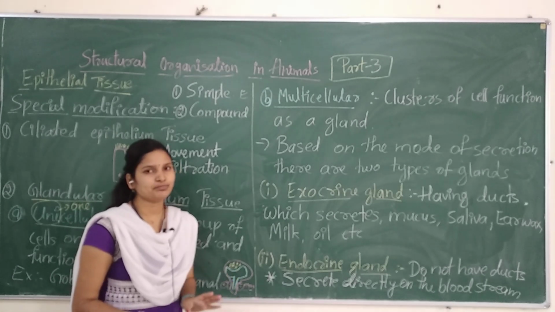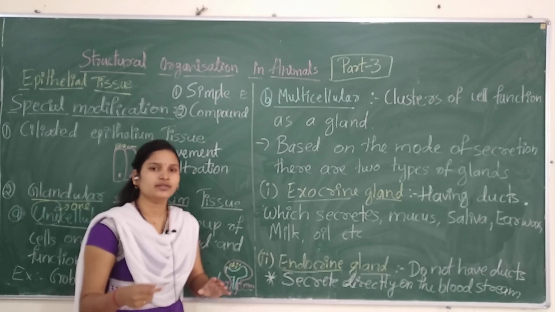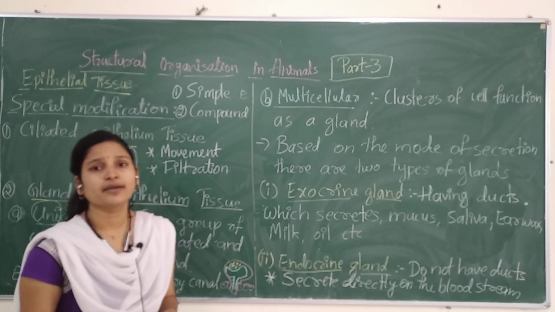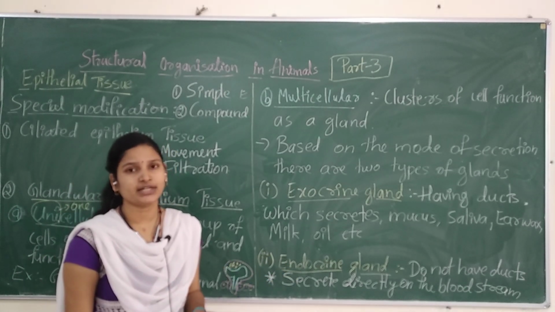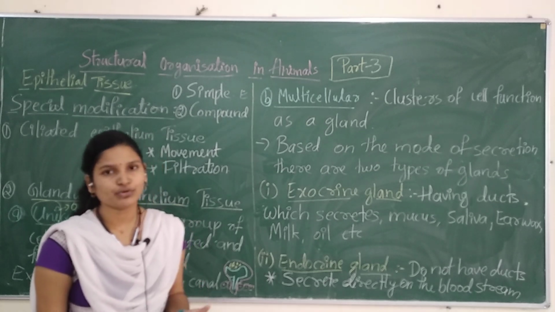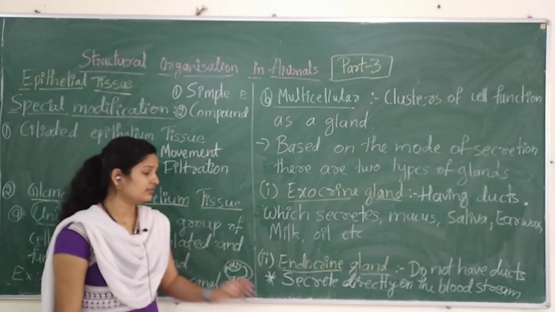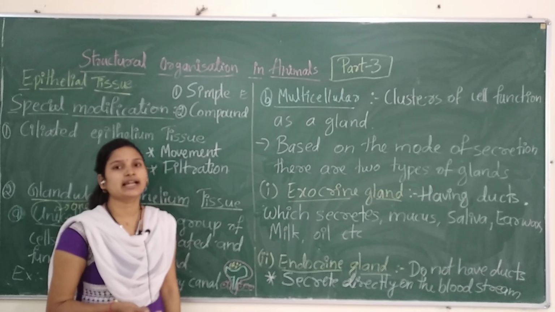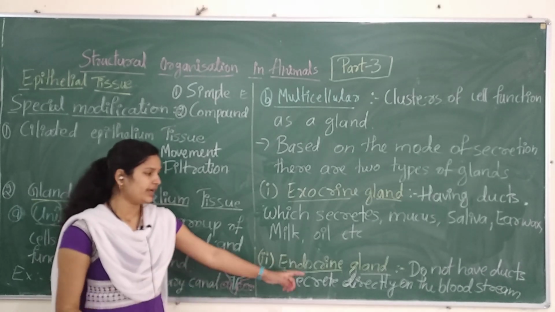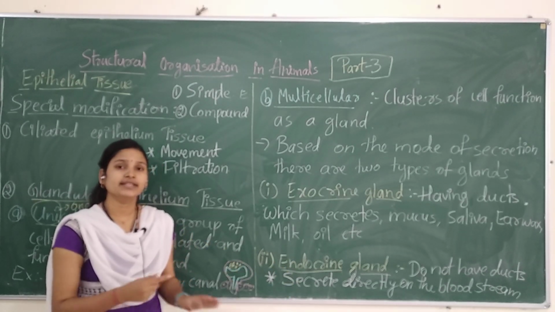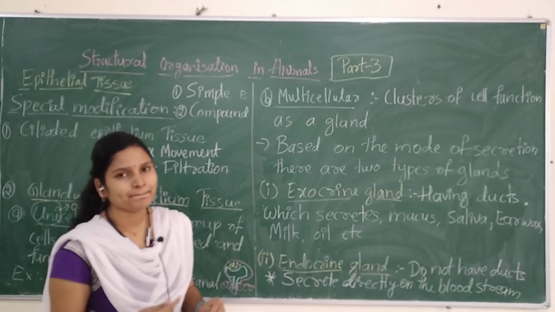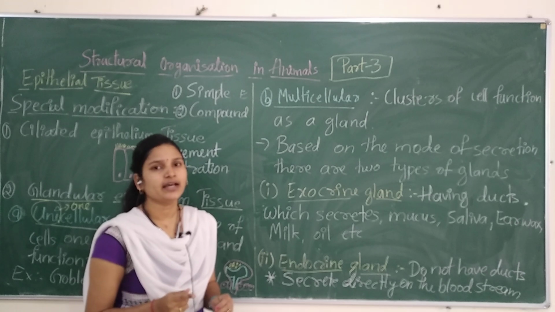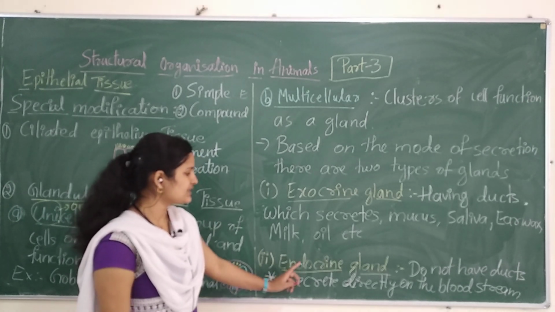Hormones are very important for growth, and for every particular function these hormones play an important role, like the hypothalamus and the adrenal gland. Many types of endocrine glands are there. They secrete the chemical compounds which we call hormones.